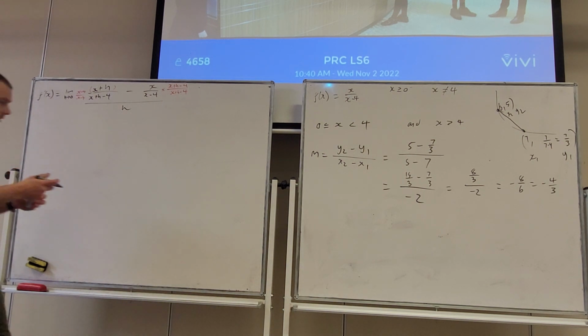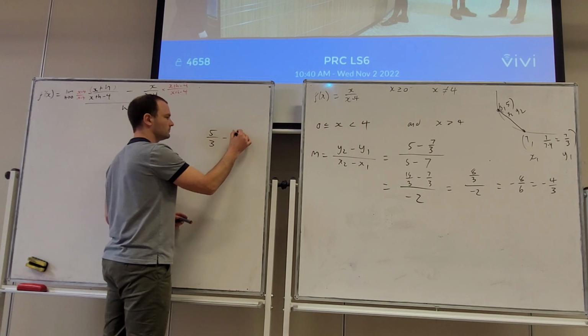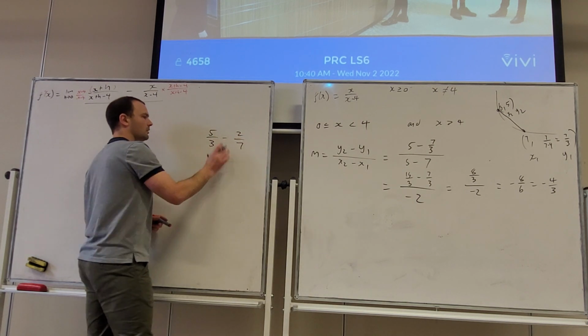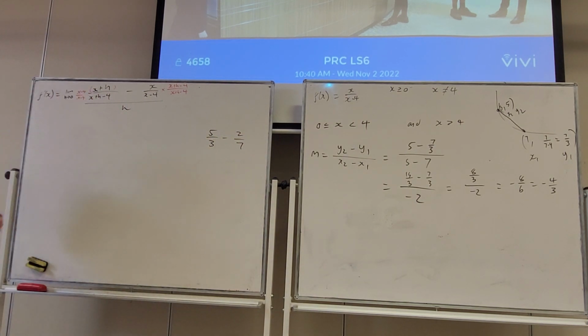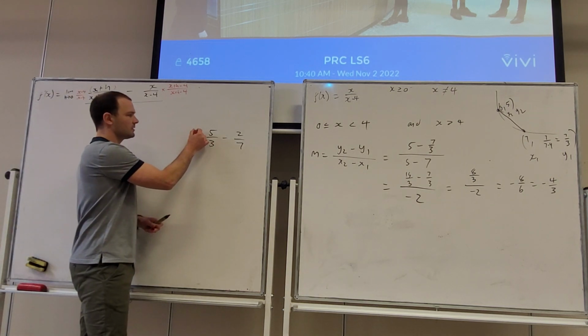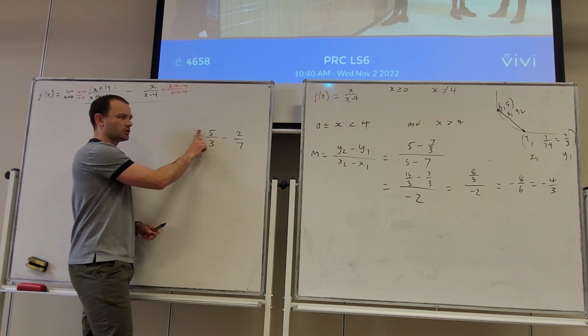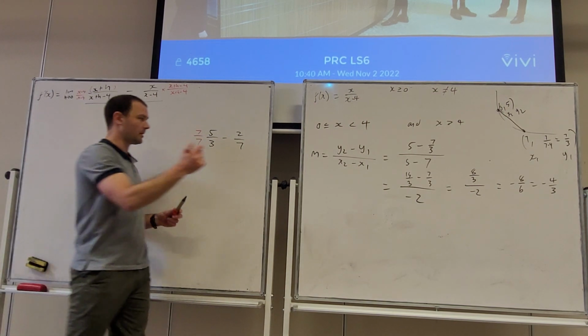Let me show you what that's doing, just in terms of numbers. This is effectively what we've got: 5 on 3, take 2 on 7. They have different denominators. So we multiply this one by 7 on 7, which is multiplying it by 1, so we're not changing its value. It's a legitimate operation.